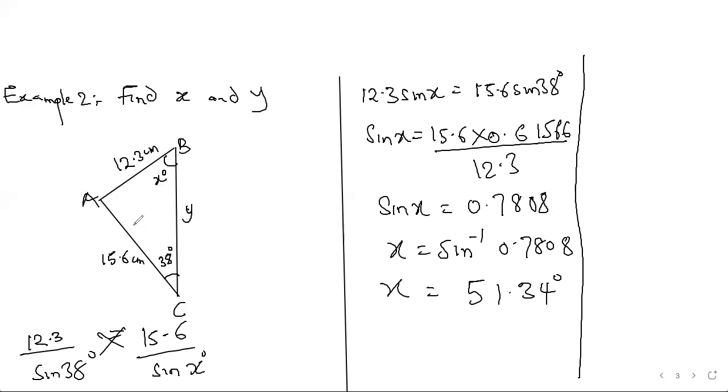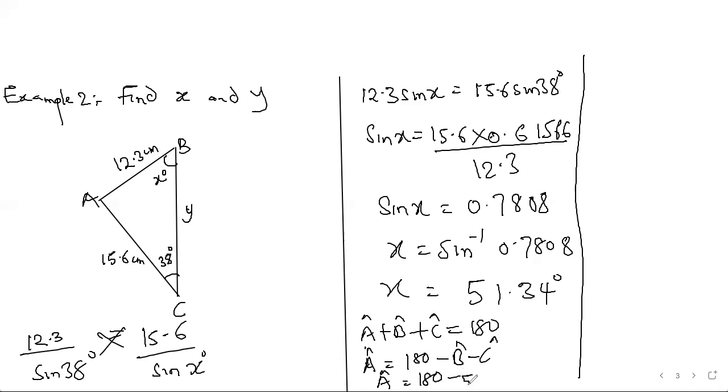because I can easily find angle A, this angle A here, because A plus B plus C will be 180 degrees. So I know angle C and I know angle B. I can find angle A now. So angle A will be 180 minus B minus C. Angle B is 51.34, angle C is 38.